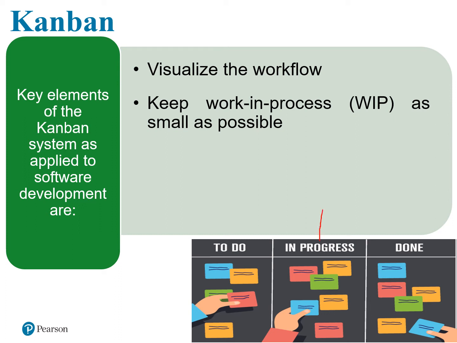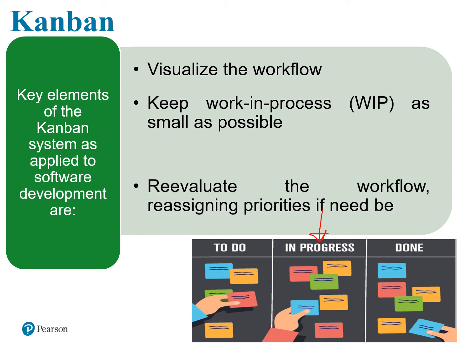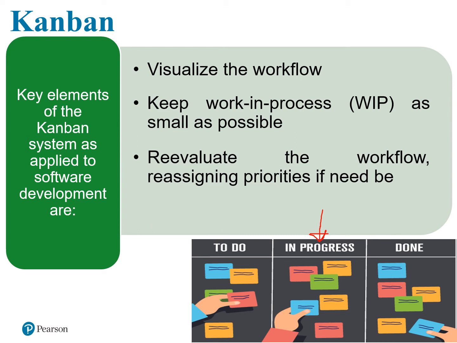Work in progress means the tasks located under this category, so it should be very small in order not to keep things on hold, ensuring the completion of the tasks, and then re-evaluating the workflow, reassigning the priorities if needed, and striving for continual improvement during the process.